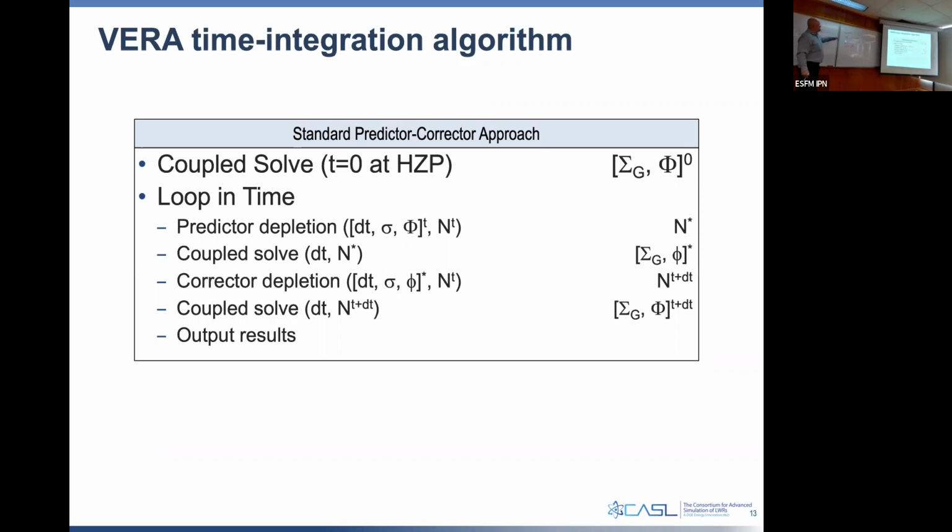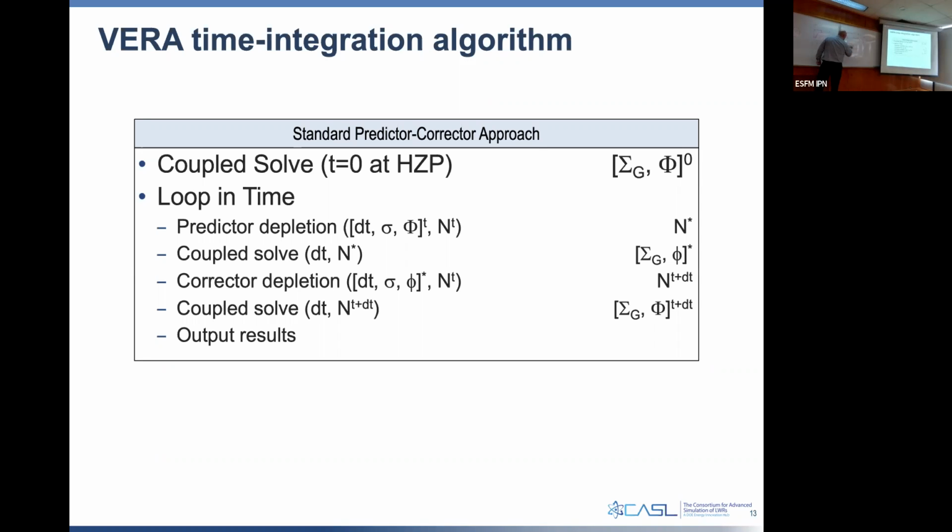Then you say, now let me do another coupled solve at time equals 1. So here I do my coupled solve with n at time equals 1 to get a new phi and sigma at time 1. And then I can say, okay, now let me resolve the time step.